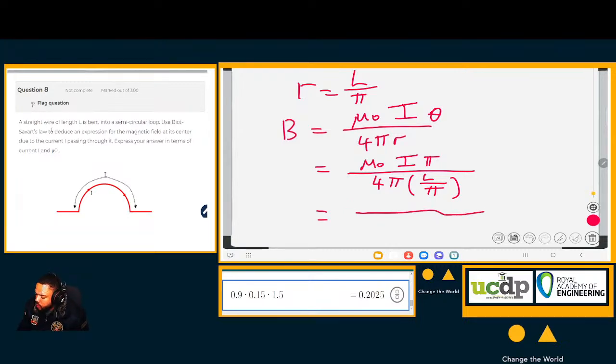So if we simplify this, we have this canceling, that canceling. 4 is still there.